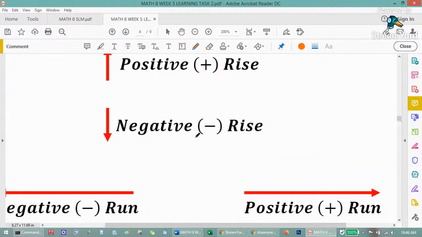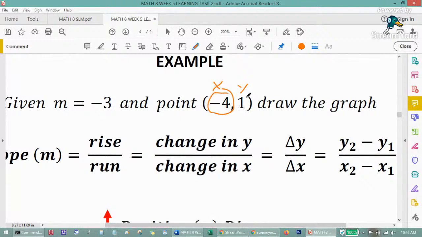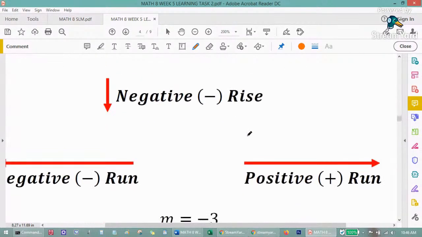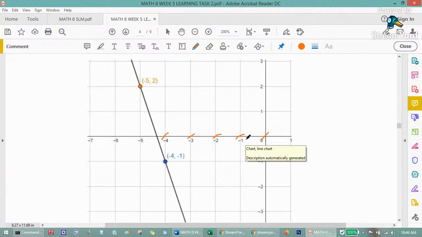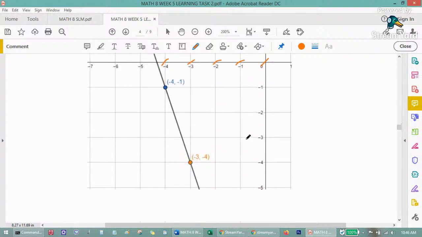Then, tignan natin ang y. Y is positive 1. Y is positive 1. So, since positive ang 1, oops, may mali, negative 1.